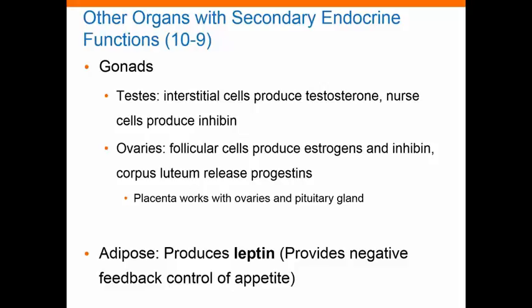The result is a sensation of fullness, satiation, and the suppression of appetite. Leptin must be present for normal gonadotropin-releasing hormone and gonadotropin synthesis. Low body fat can result in late puberty and cessation of menstrual cycles. An increase in body fat can increase fertility.